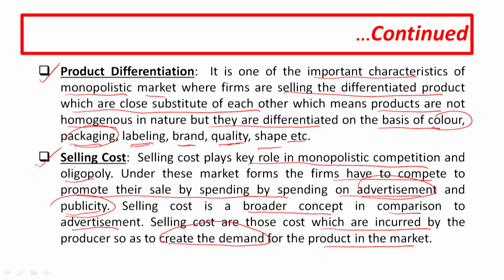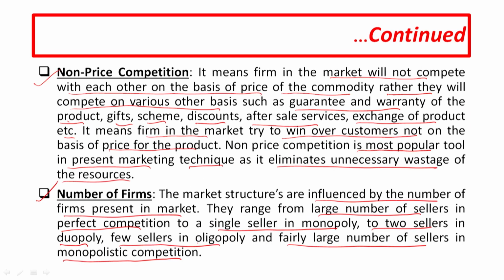Then we talked about the selling cost, how selling cost plays a very relevant role. Selling costs are those costs which are incurred by producers so as to create the demand for any specific product in the market. Then we talked about non-price competition, which means considering factors other than price.